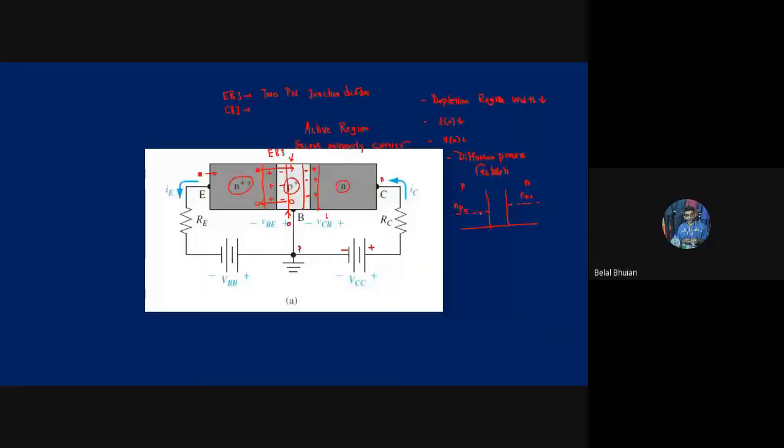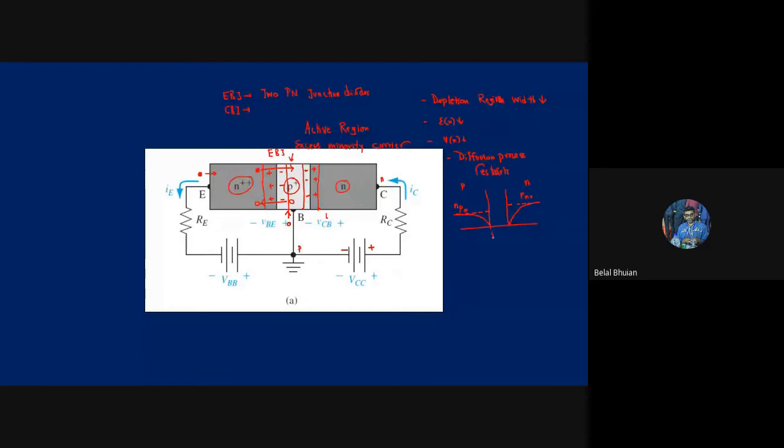That is uniform in both the neutral P side and neutral N side. Remember, this is a depletion region. In the reverse bias case, we learned the total minority carrier concentration profile would be like this.